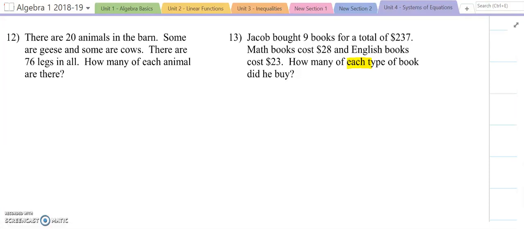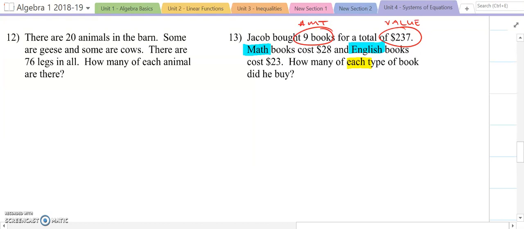I said the word each so you know there's going to be multiplication involved. I gave you 2 types of book, English and math. So you know that there has to be 2 different equations. And I talked to you about the money and an amount. This is the amount. I'm going to call this value.